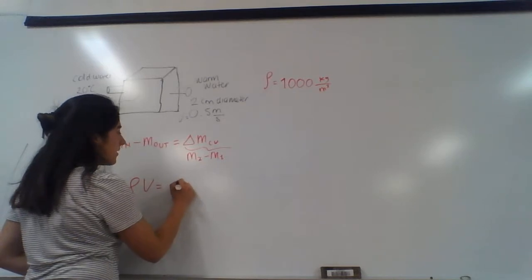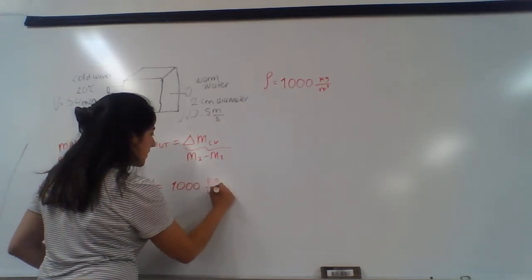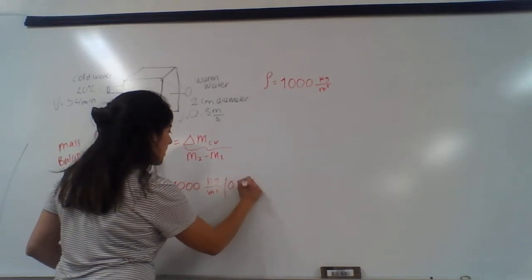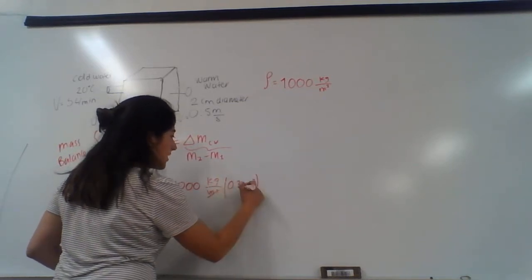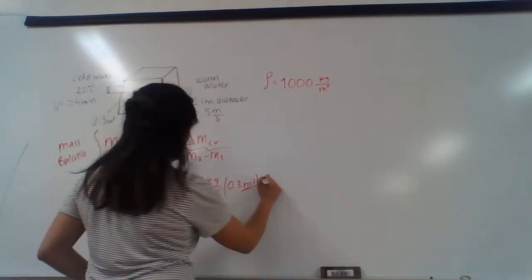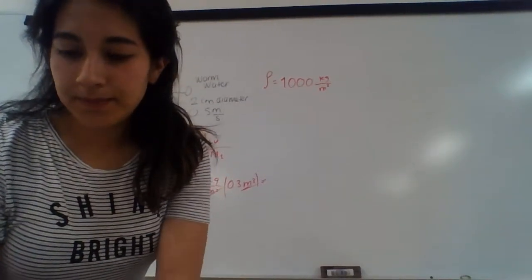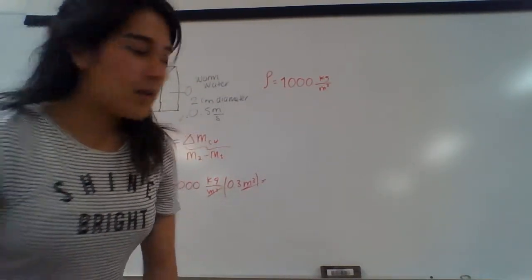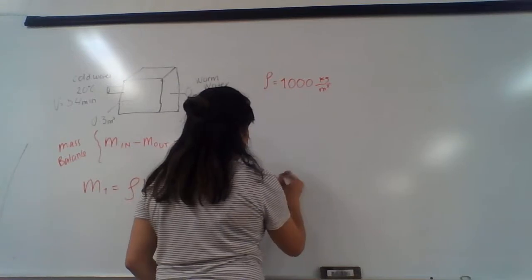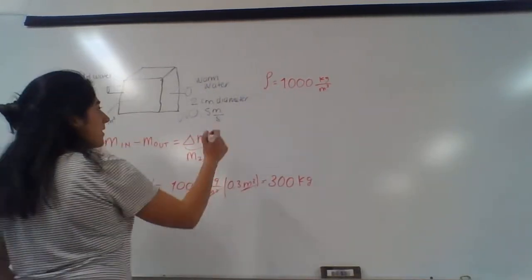So we have 1,000 kilograms per cubic meter times 0.3 cubic meters. The cubic meters are going to cancel, so this is 300 kilograms.